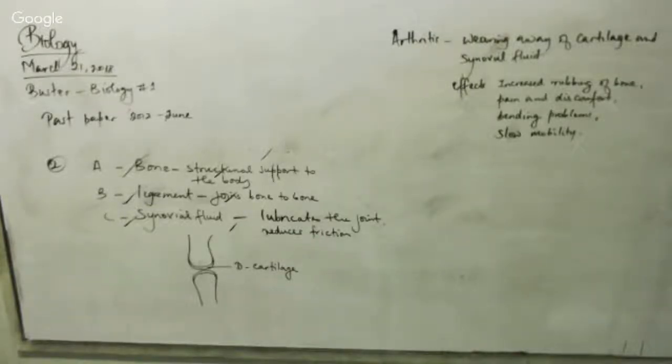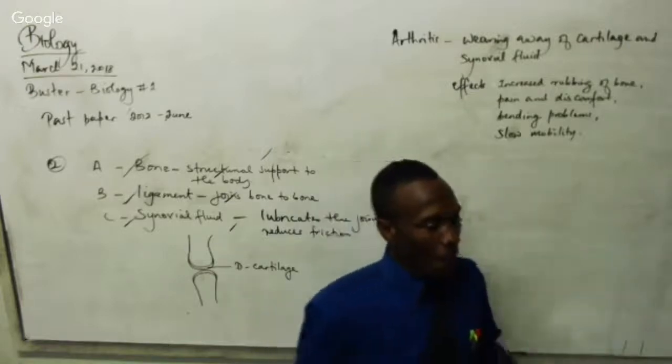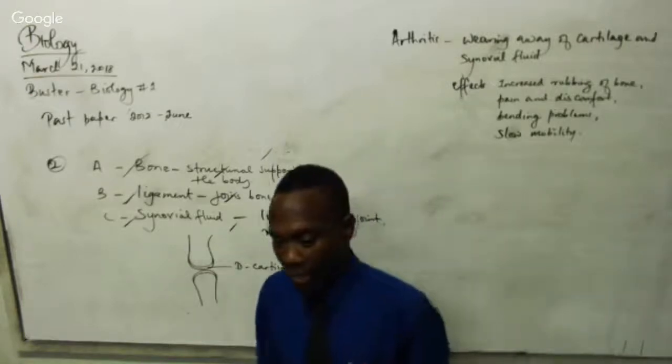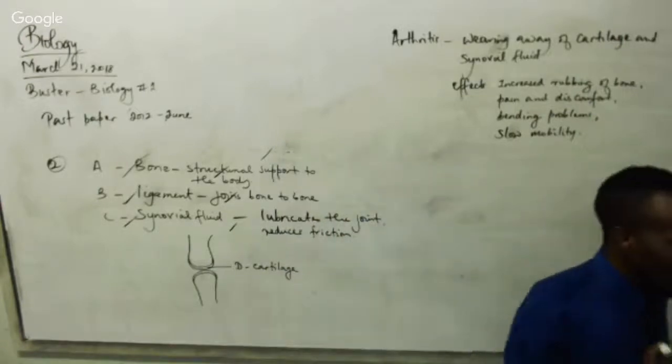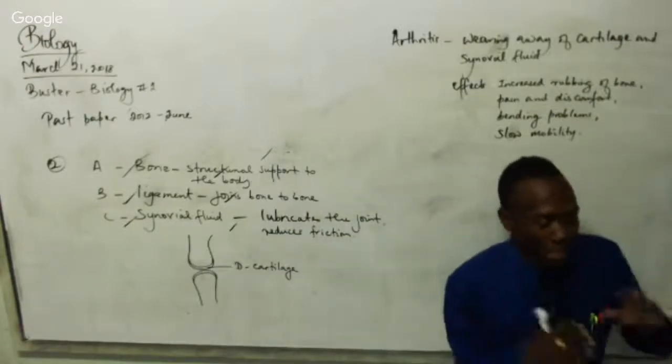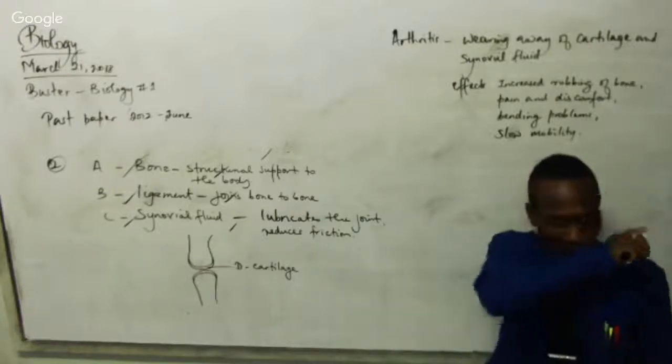You're not going to be very mobile anymore. Pain and discomfort. So just have any one of those. Two. Write all four. You can write all four now because you need to keep your options open.